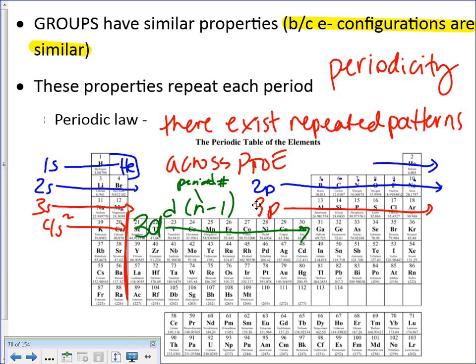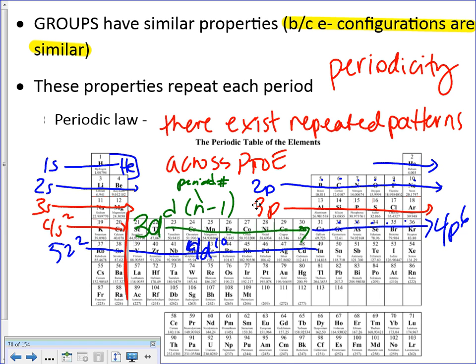Where do you pick up when you get back to P block? Pick back up at 4. 4p6 to be specific, because you're going across 1, 2, 3, 4, 5, 6. We're almost there. So what's after 4s2, 3d10, 4p6? 5s2. Good. And the 10 is representing the 10 electrons across. Oops, 4d10.